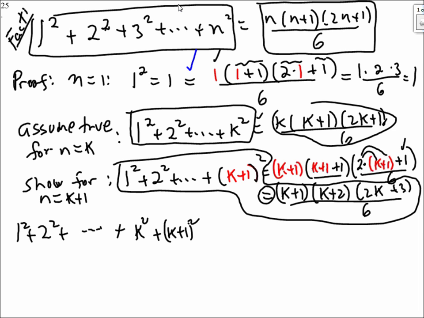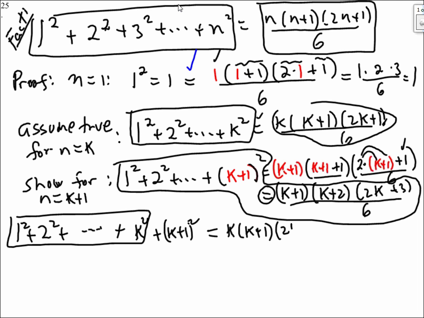So I have this, and this equals, well, I have a nice rule for that. It's k times k plus 1 times 2k plus 1 over 6 plus k plus 1 squared.